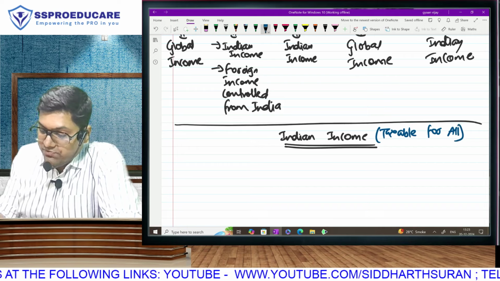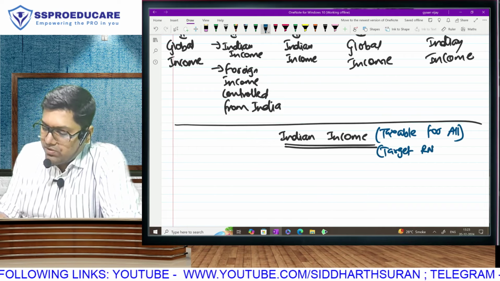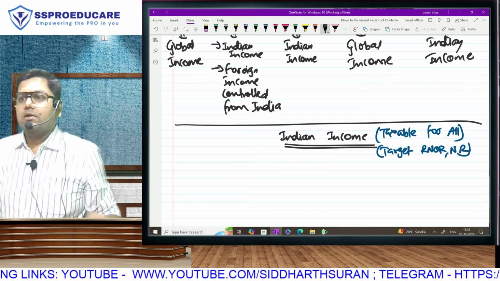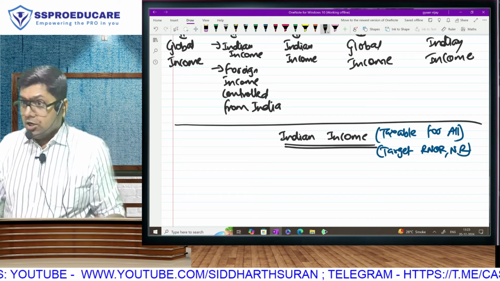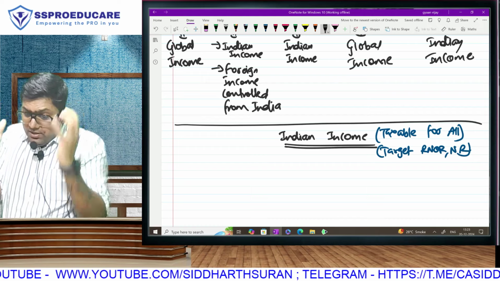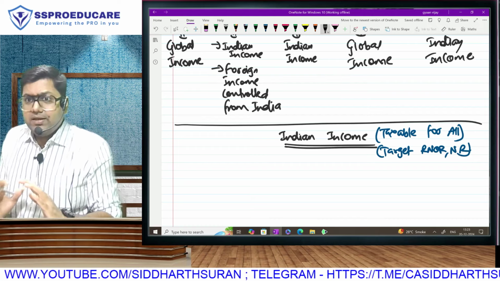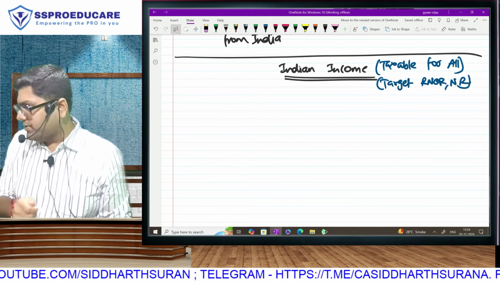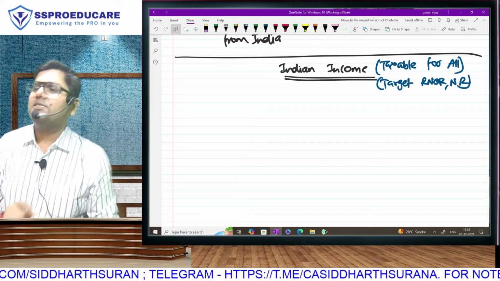When we say taxable for everyone, you must also note that our target is RNOR and NR. Because supposing you are ROR, then to hell with whether income is Indian or foreign. This part you have to save in your brain, otherwise it will become complicated. See, that way it is very easy. But you have to be clear in your mind that when I am teaching you the definition of Indian income, I am teaching you only for non-residents.